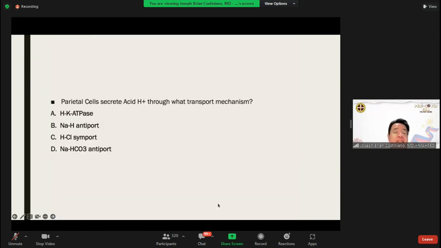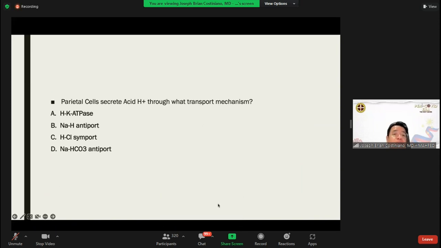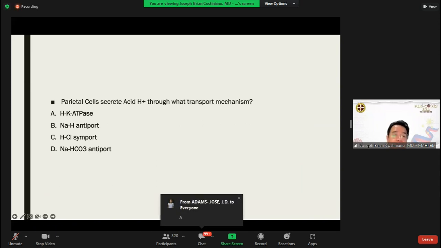Sige. Parietal cells secrete acid through what transport mechanism? Is it A, hydrogen potassium ATPase? B, sodium hydrogen antiport? C, hydrogen chloride symport? Or D, sodium bicarbonate antiport? Okay?